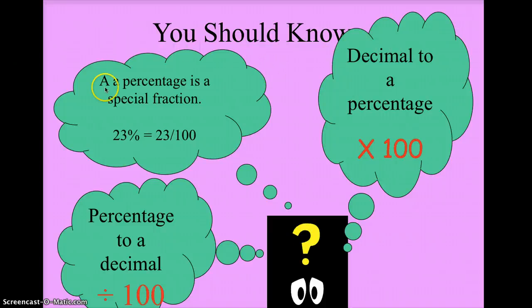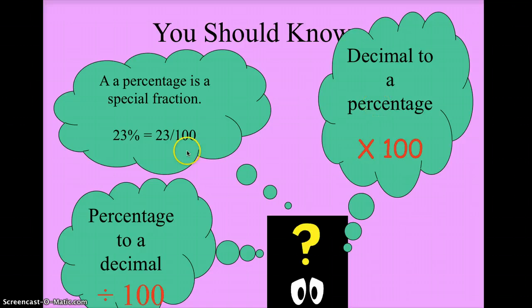Okay, so these are the things that you should know. A percentage is a special fraction, so it's always per 100. So 23%, remember that this line is your 1 and that these two zeros are the two zeros of 100. So in fraction, 23% is 23 out of 100.